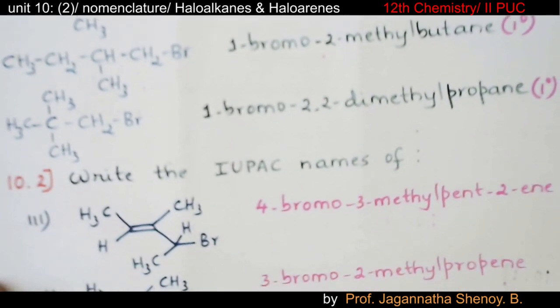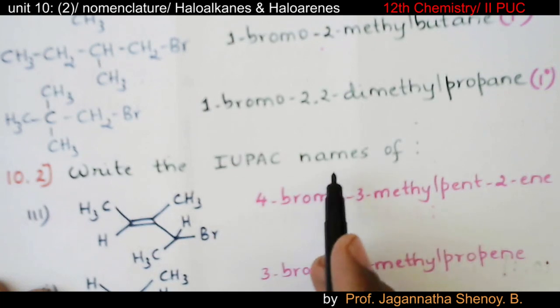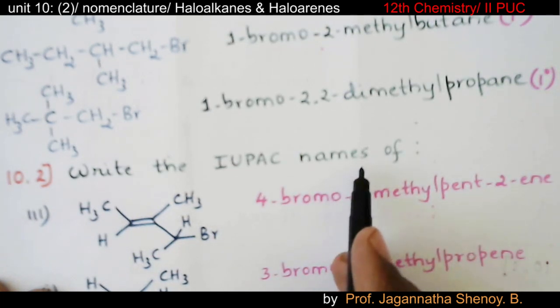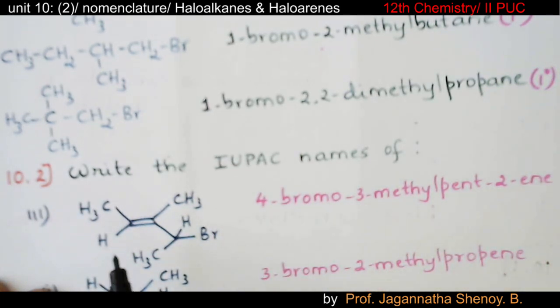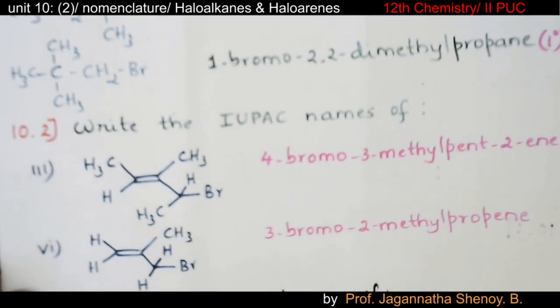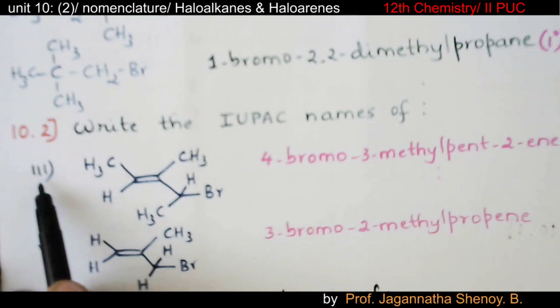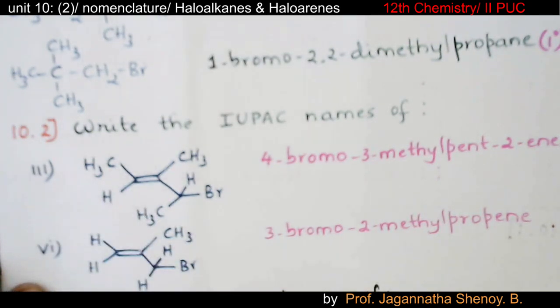And we go for writing IUPAC names for some of the examples given in your NCERT textbook. I've considered only two, the third question and the sixth question. Now, when you consider this particular compound, you already know that a double bond should get priority over the bromine atom.